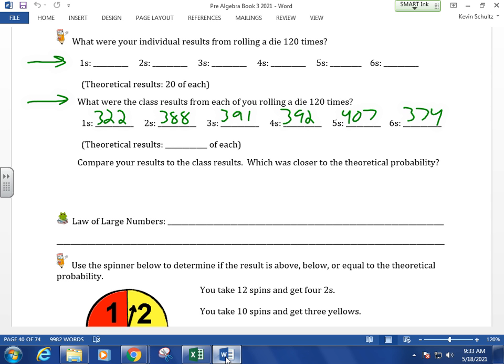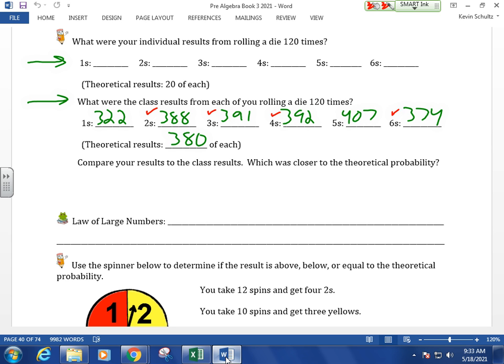And theoretically, based on 19 people, there should have been 380 of each, which, like we said, after this many rolls, our 2s, our 3s, our 4s, and our 6s, I mean, that's pretty good. That's pretty good. Okay.